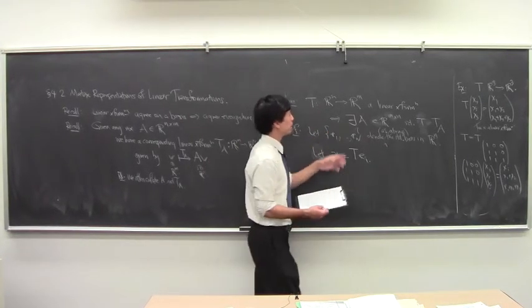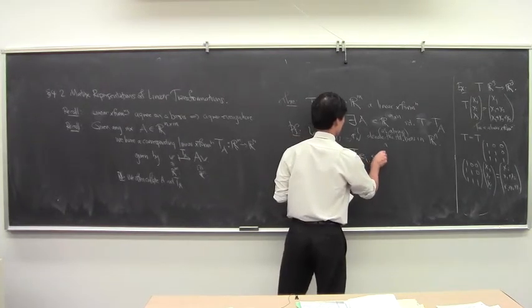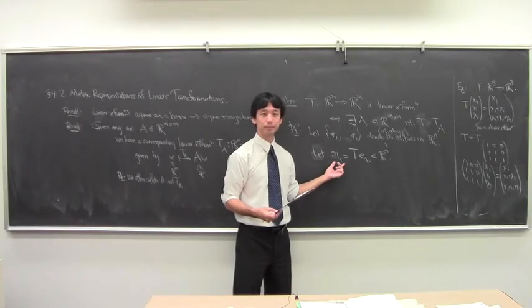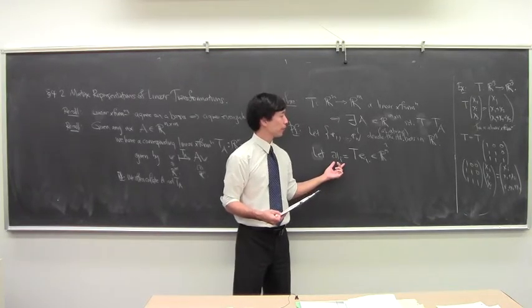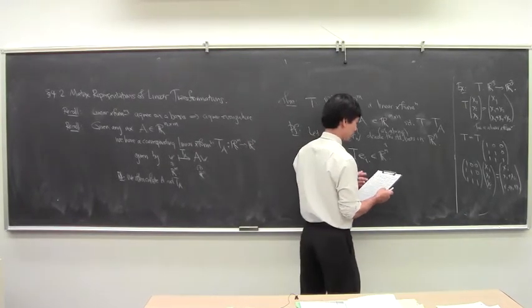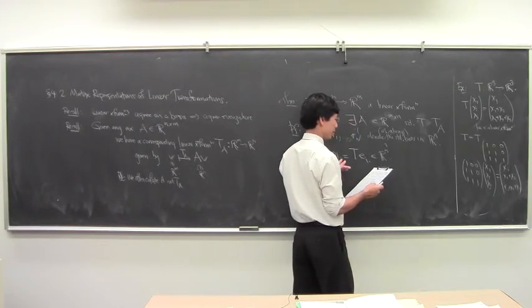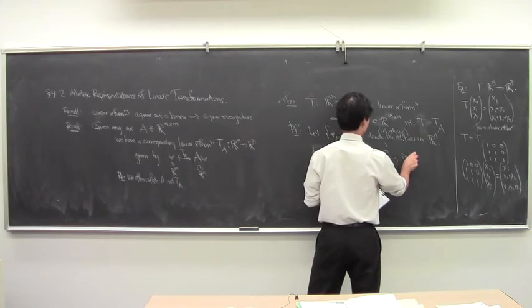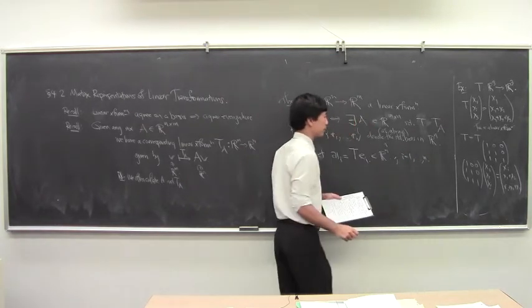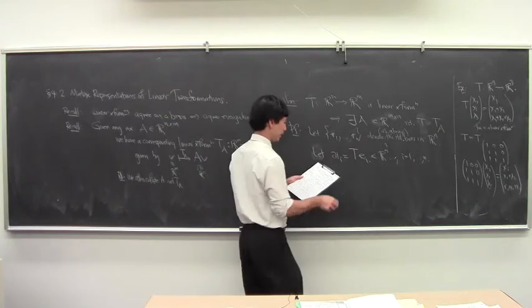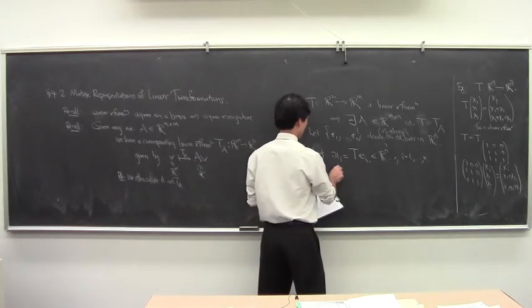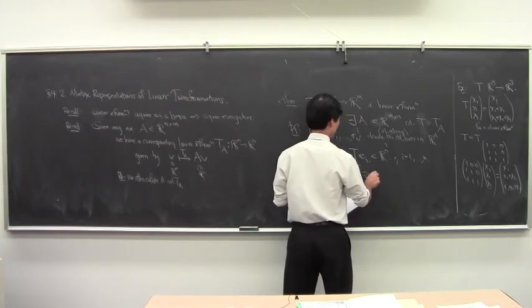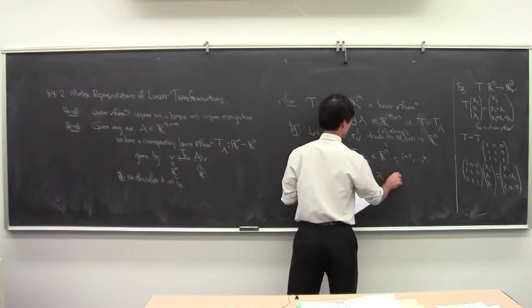These guys are going to be column vectors in Rm, and there are n of them. Let A be the matrix with columns A1 to An.